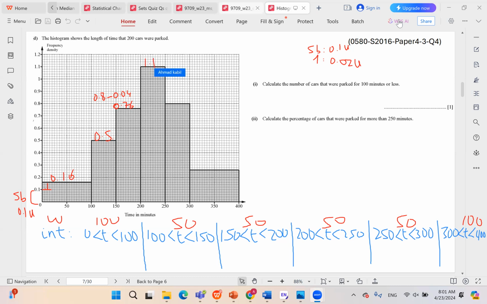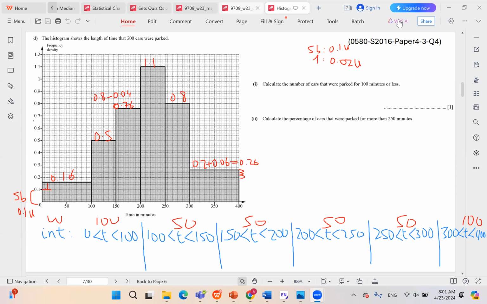We just write 1.1. And then here we have 0.8. And finally, for the final bar, we are 3 boxes above the 0.2 line. So this would be 0.2 plus 0.06, which is 0.26. So the height here is 0.26.